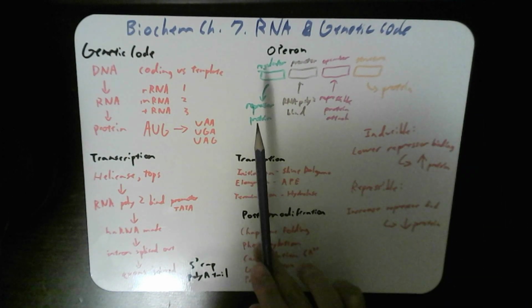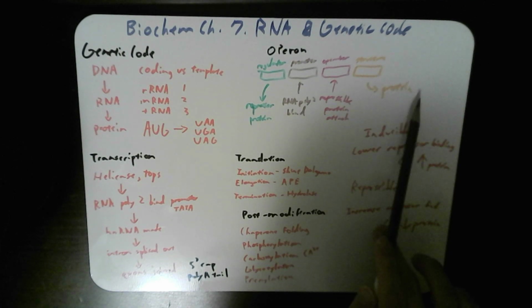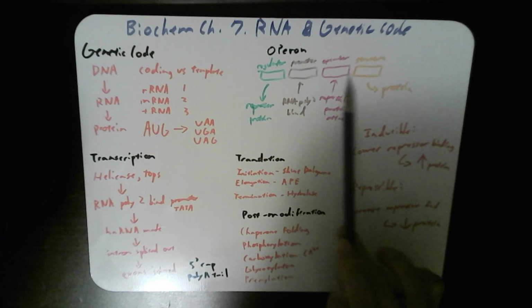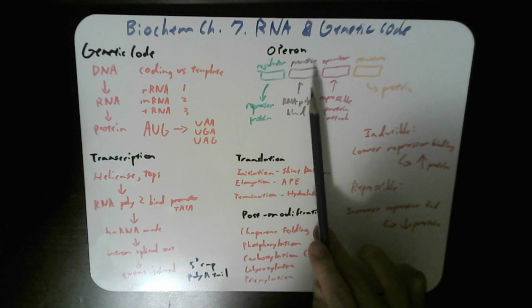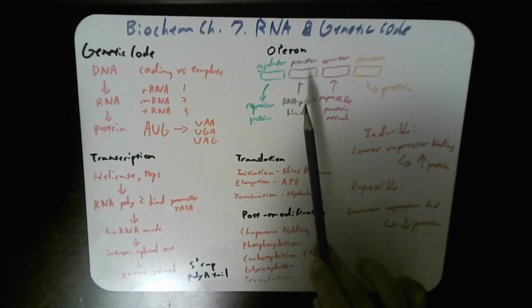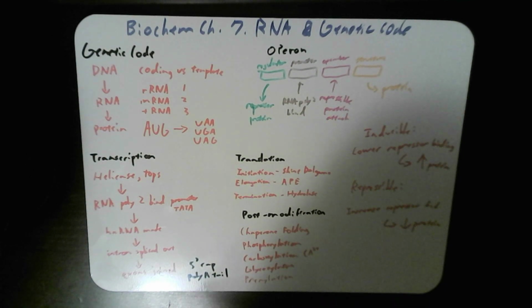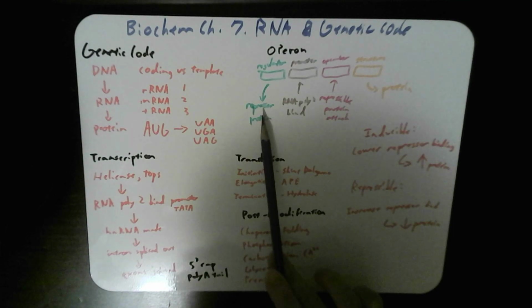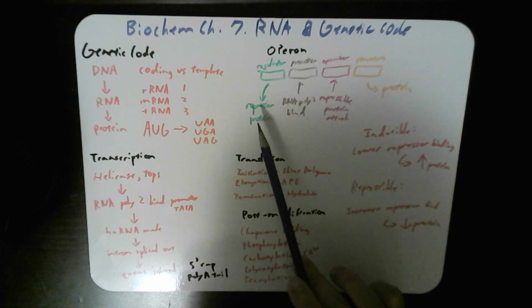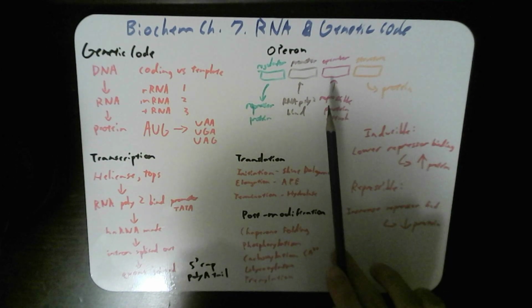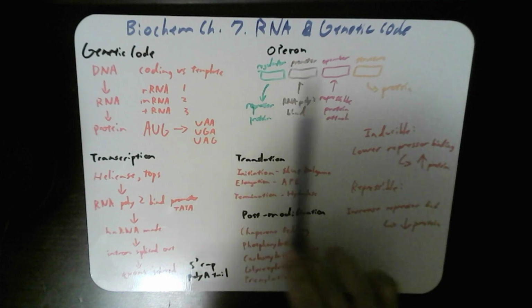These are all the basic structures of operons, starting from the structural component, which codes for the actual protein, the operator spot, which allows the repressor protein to attach, the promoter, to which RNA polymerase 2 attaches, and the regulator, which produces the repressor protein. What happens is the regulator regularly produces the repressor protein, which then binds to the operator, and that inhibits the promoter binding RNA polymerase to move past it, right?